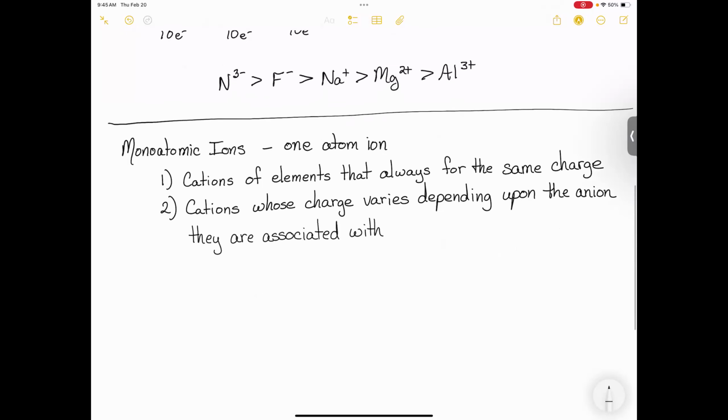And the last type of monoatomic ion that we're going to be talking about are anions of nonmetals and metalloids.